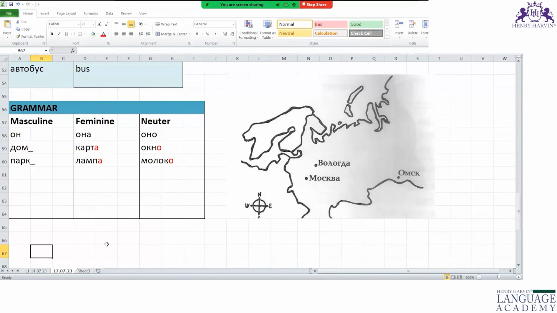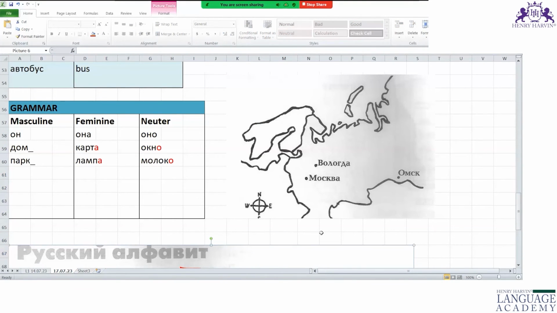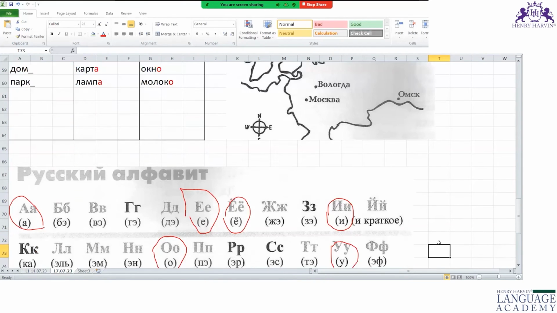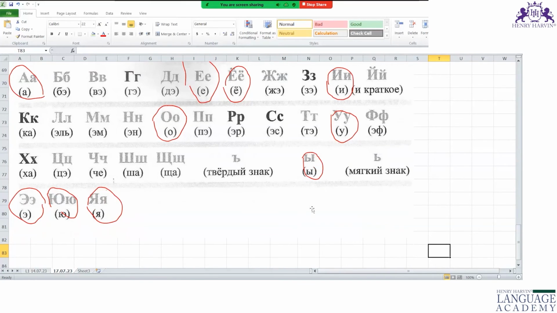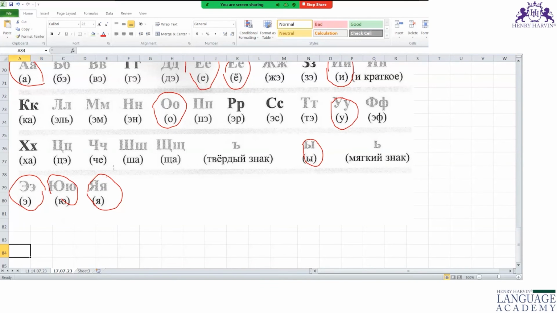What I selected in this picture are only vowels. The red ones which I have circled, these are vowels, okay? The rest are consonants. And two letters here, like твердый знак and мягкий знак, are not a consonant, not a vowel, but they are called hard sign and soft sign.